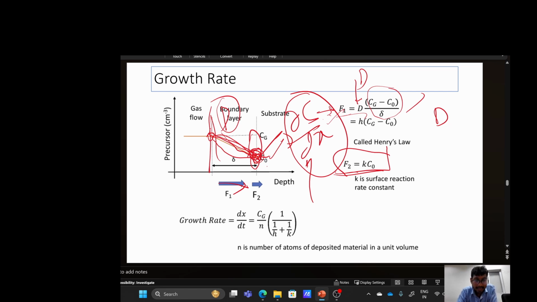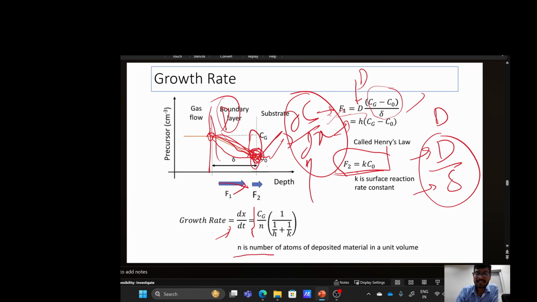Okay, and the growth rate dx by dt is given by Cg by N into 1 over (1 by H plus 1 by K). H is the Henry's coefficient, which is equal to D by delta, where D is the diffusion coefficient and delta is the thickness of the boundary layer.